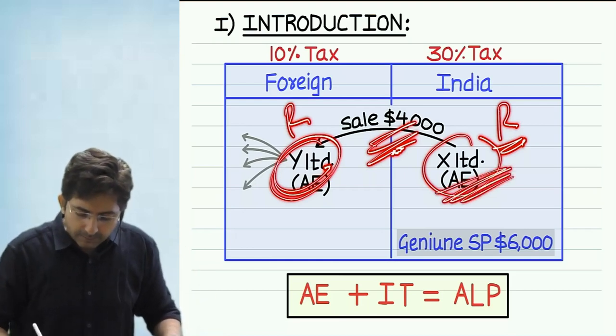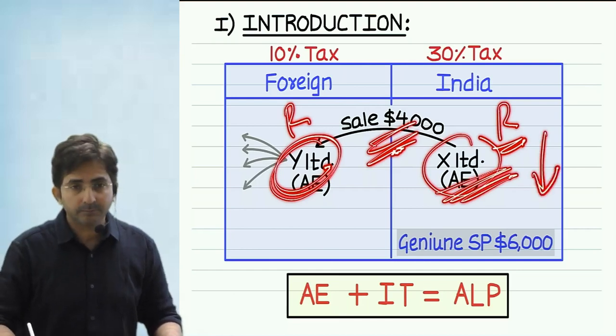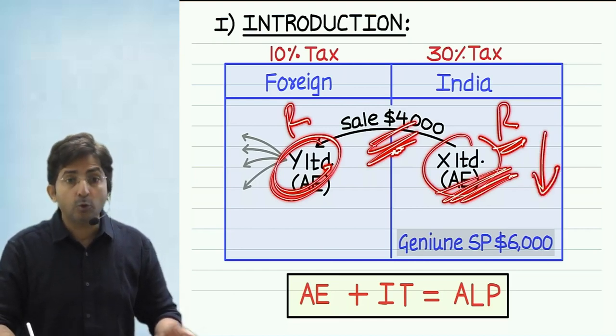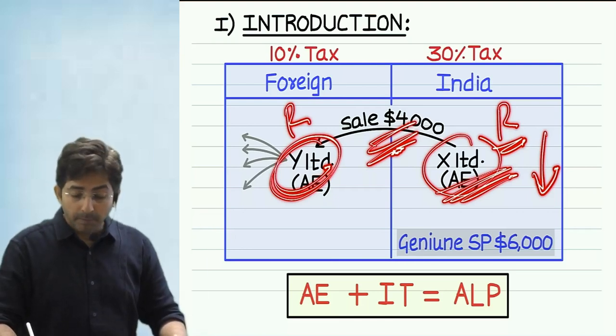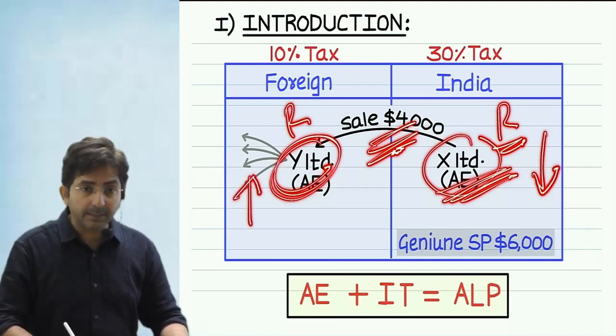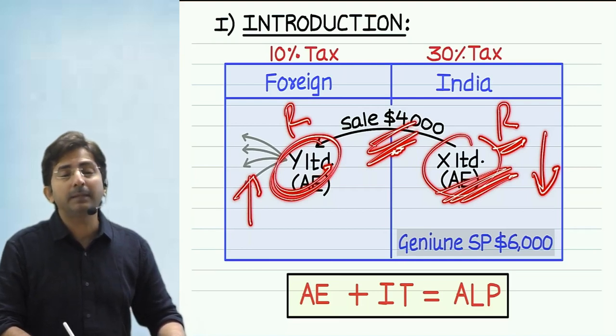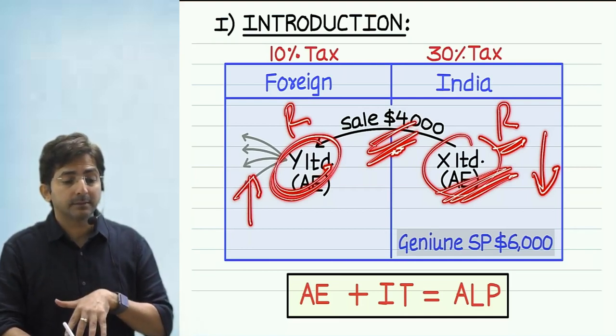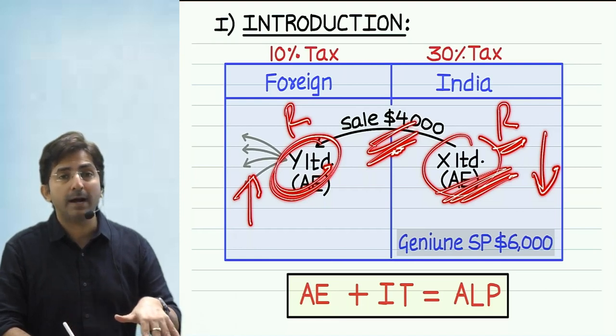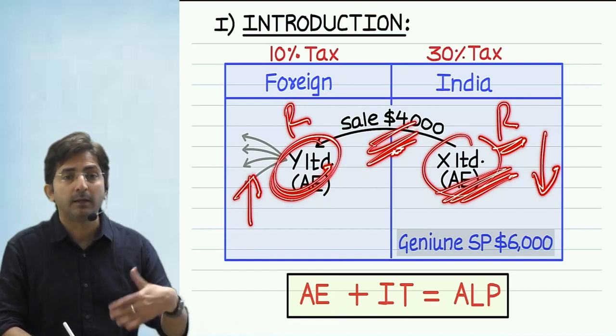Because X limited tax will reduce on $2,000. But Y limited tax will increase. Why Y limited tax will increase? Because sale for X is purchase for Y, and if Y has to show low purchase, its profit will increase.